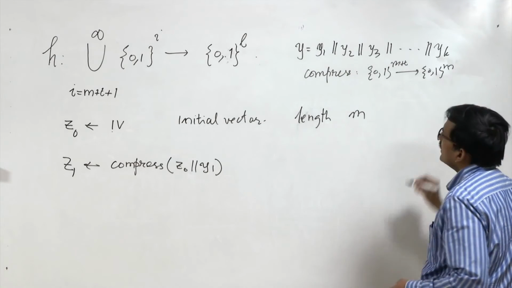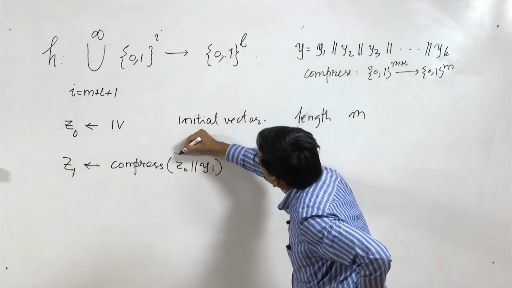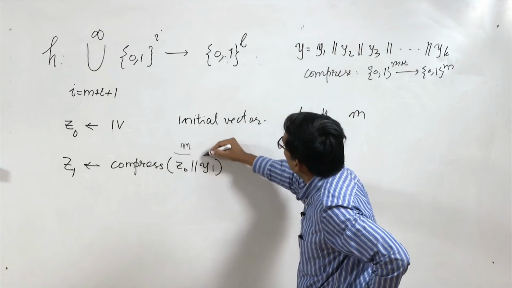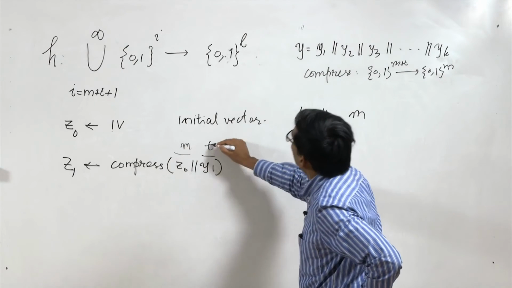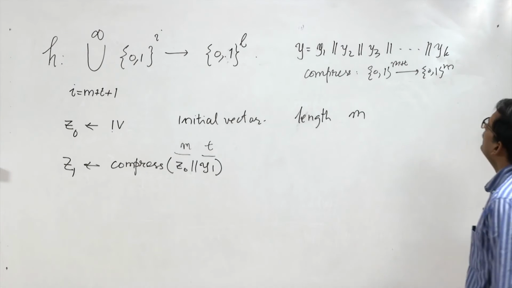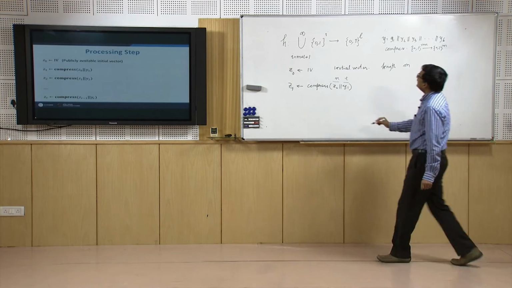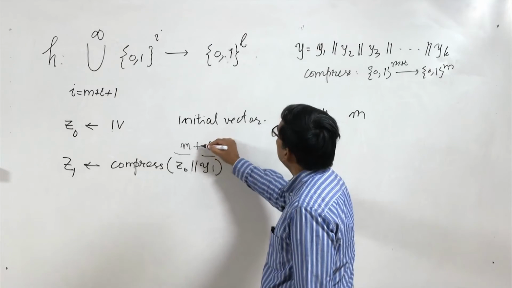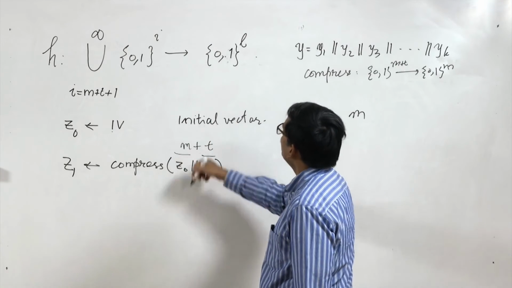Then this string is of length m and this string of length t, therefore, the concatenation is of length m plus t.